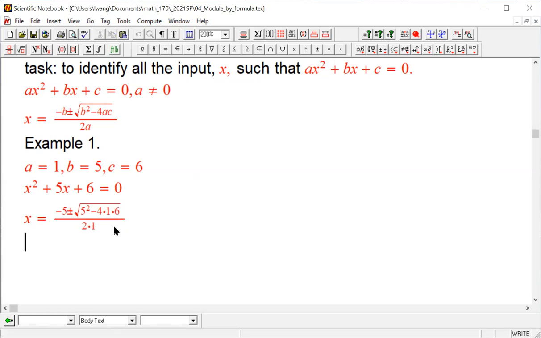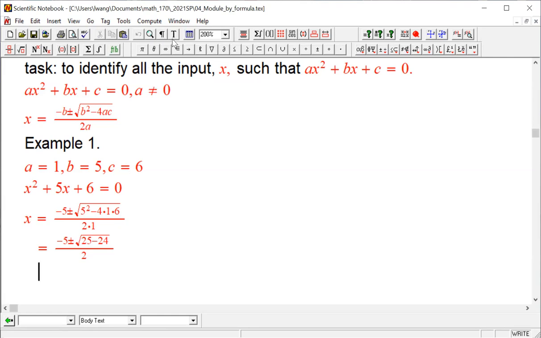And then we will get on the next line, and we just simplify. 2 times 1 is 2. Negative 5 plus or minus, here's 25 minus 24, that equals 1.